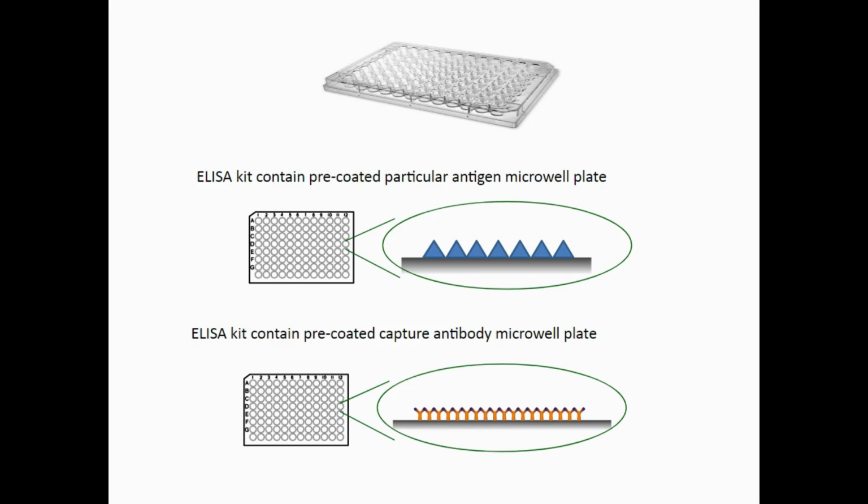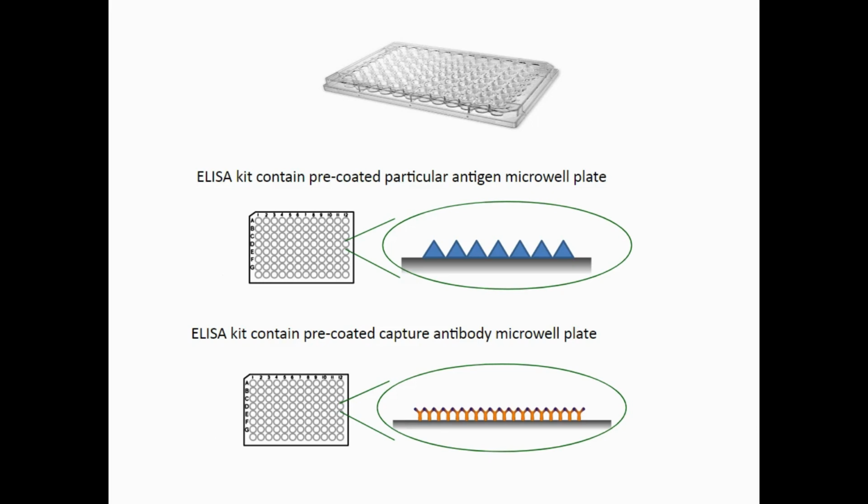The indirect ELISA means the antigen does not directly interact with the enzyme-linked antibody, but is attached by the primary antibody. Sandwich ELISA, as its name indicates, is where the antigen is sandwiched between the capture antibody and the primary antibody or the secondary antibody.